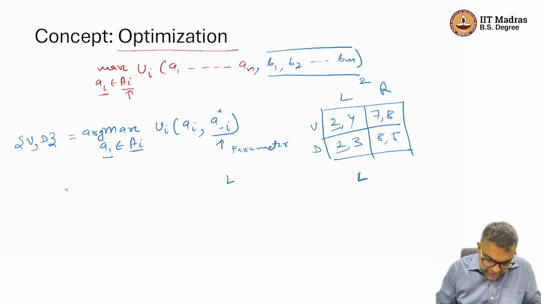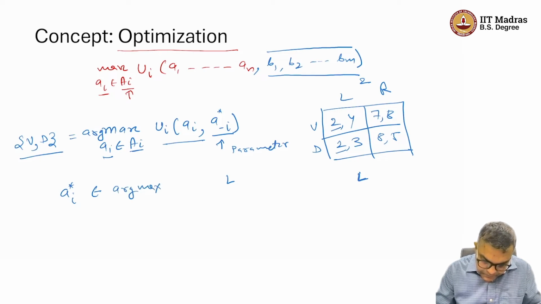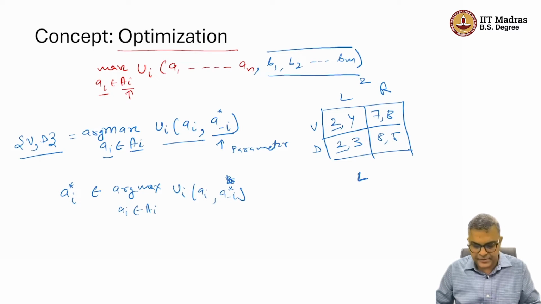So we can also say that a_i star maximizes this particular expression, so a_i star belongs to this particular set. That is the way we can write it.